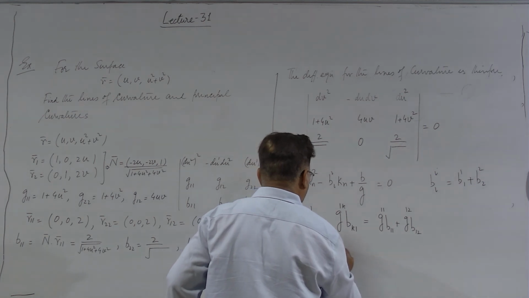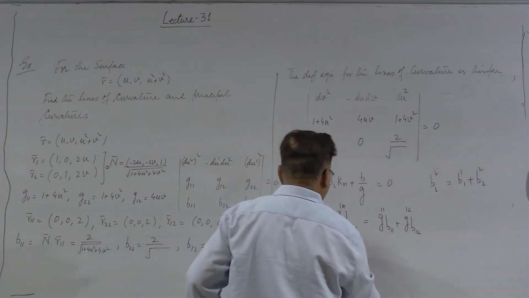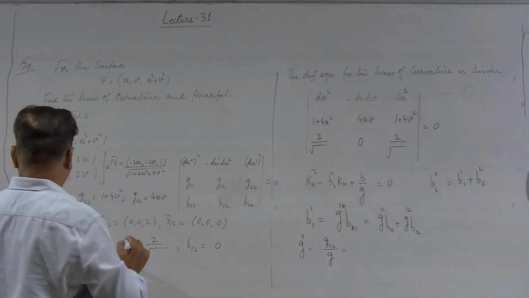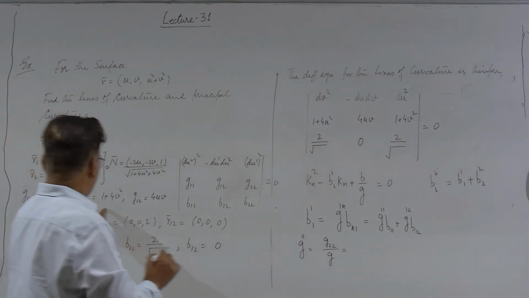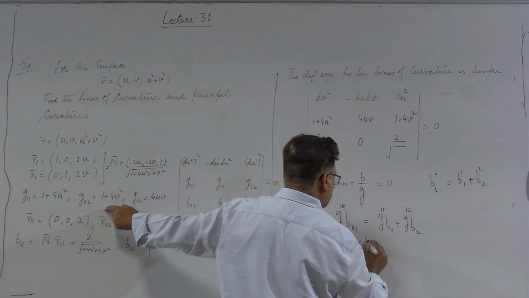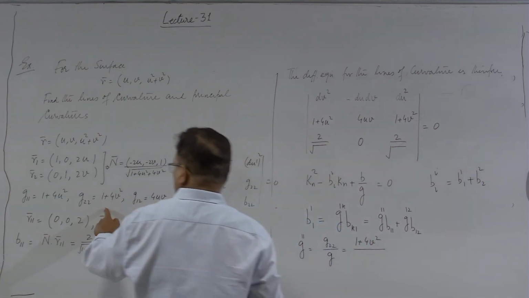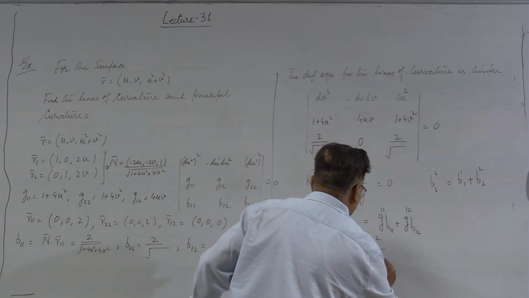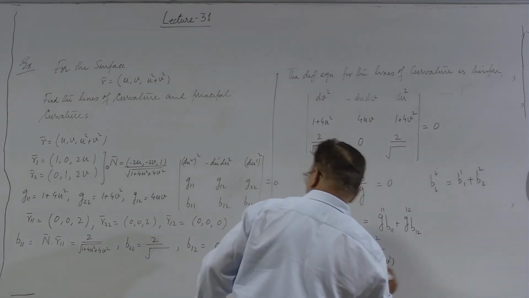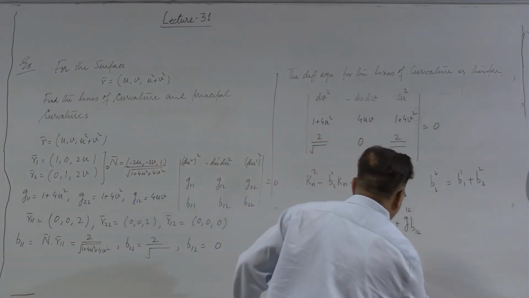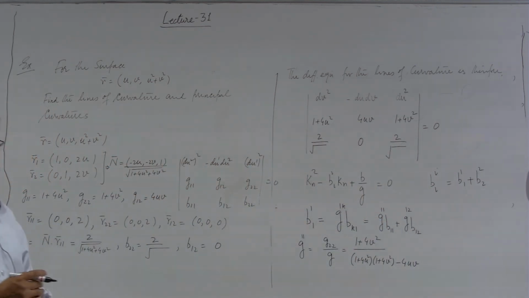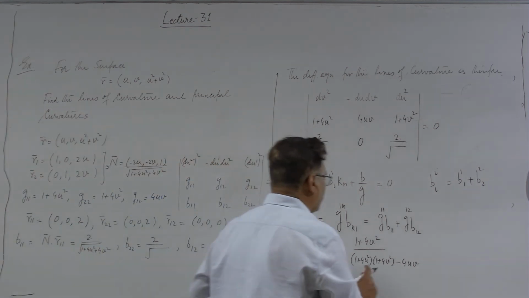It is G22 upon G. So, G22 is here with me, this 1 plus 4 v square, upon, now you multiply these two, 1 plus 4 u square into 1 plus 4 v square minus 4 u v square, I am sorry, square, you are right.